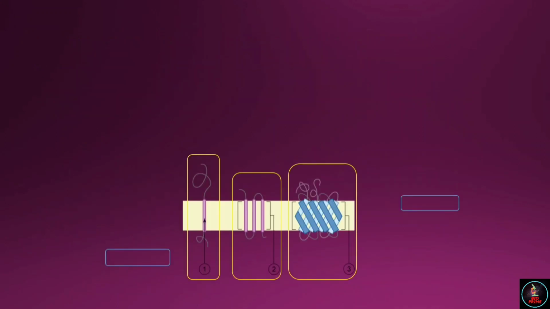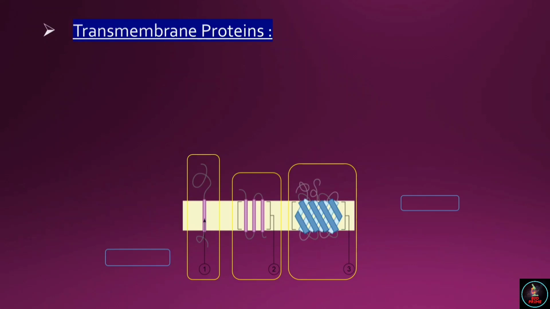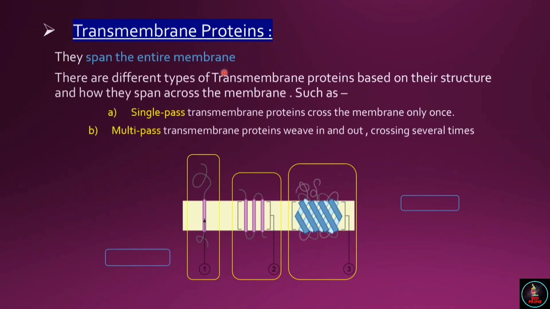Now let's describe in depth a subtype of the integral membrane protein, the transmembrane protein. You already know that they are the most common type of integral membrane protein. They span the whole entire membrane. There are different types of transmembrane proteins based on their structure and how they span across the membrane, such as single pass and multi-pass.